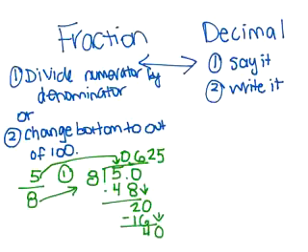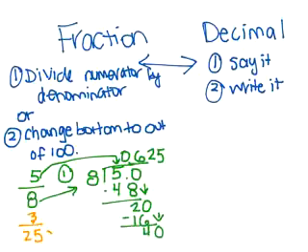Now another way to do this is, if you have a fraction that is easy to change the denominator into 100, I would do that to make it easier on myself. So for example, 3/25. I can easily change that into out of 100, so I don't have to do that much math.